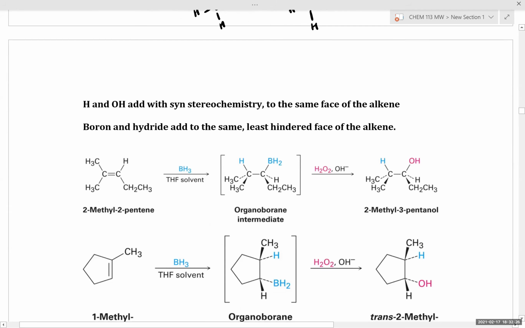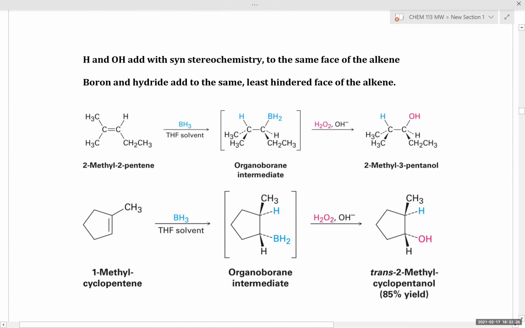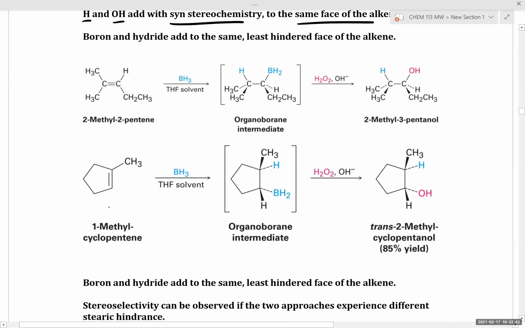Now, one interesting consequence and one thing that we just want to reiterate is the hydrogen and boron are installed with syn stereochemistry on the same face of the alkene. So as a result, if you take, for example, 1-methylcyclopentene and subject it to hydroboration, we see that our hydrogen and boron atom are installed with syn stereochemistry.